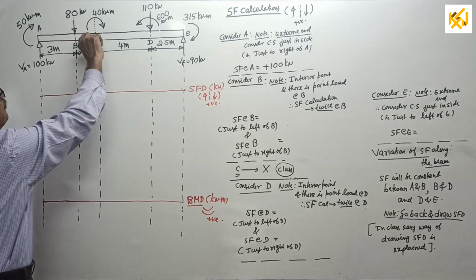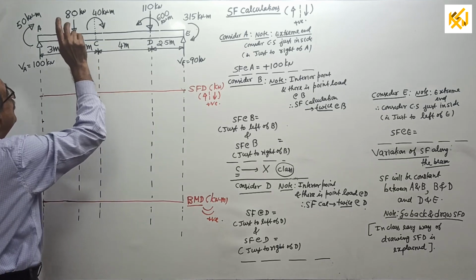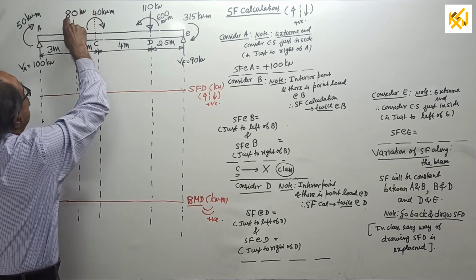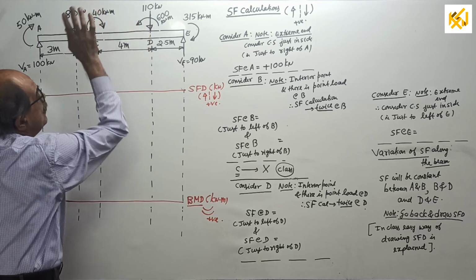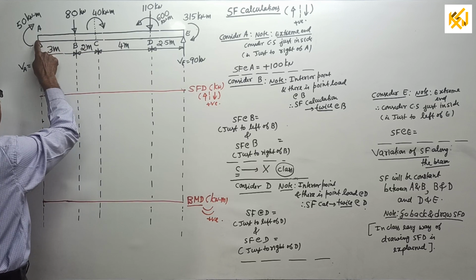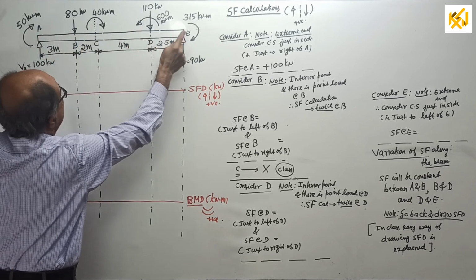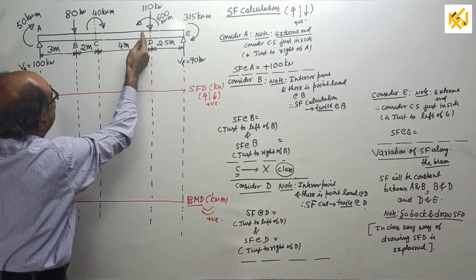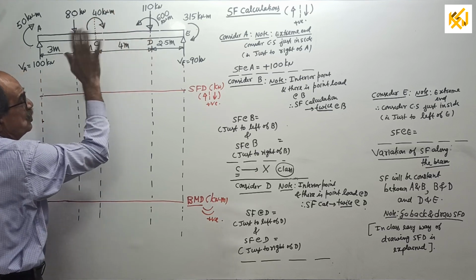Do not think that the couple has no effect on shear force. Once you consider the effect of the couple in the reaction, from B to D the couple will not come. It will come when you go for bending moment. So A, B, D, E.